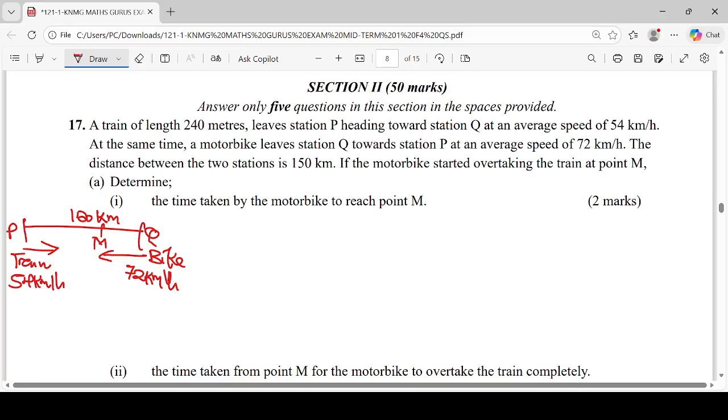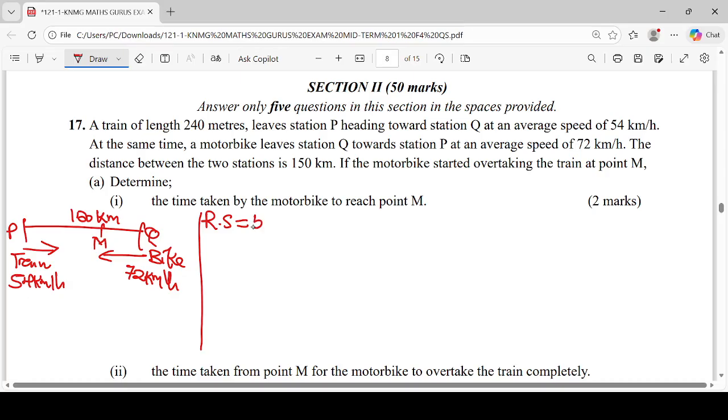So when you have such a question, what are some of the things that you need to bear in mind? One, let's compute what is called the relative speed. Because the two vehicles are approaching each other, we are going to add.